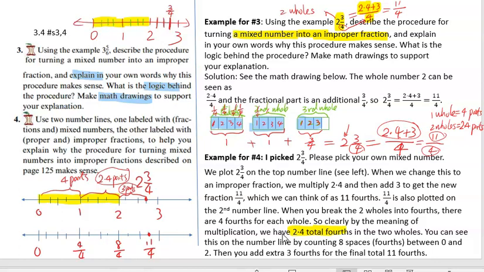That's the total number of parts in the wholes, plus the 3 parts in the fraction. So together 11 parts. You can say parts instead of fourths, because each part does have a size of 1/4.